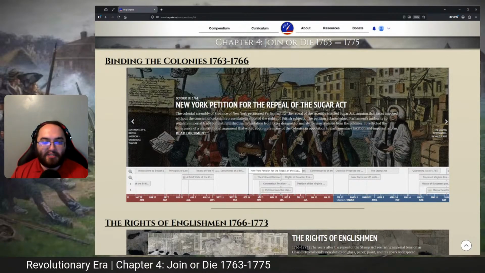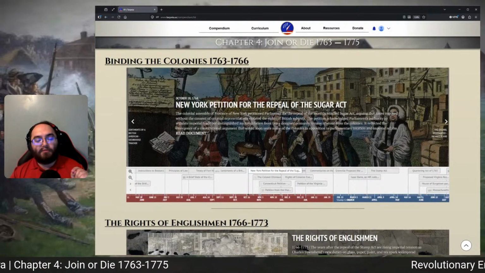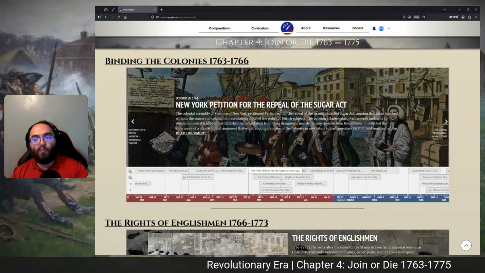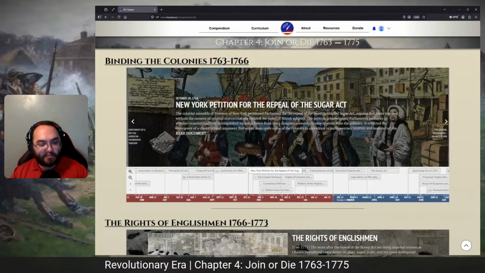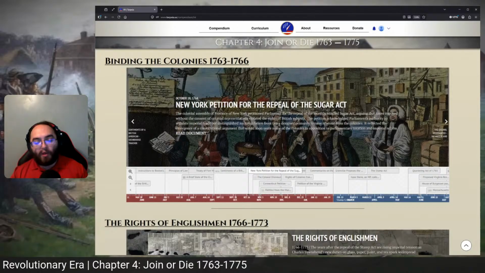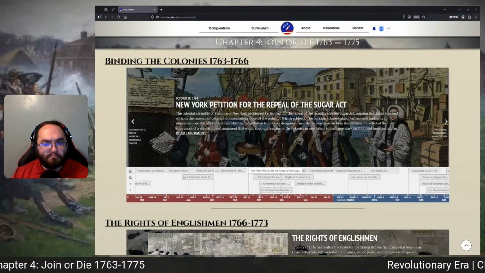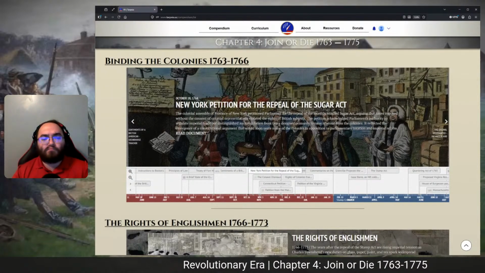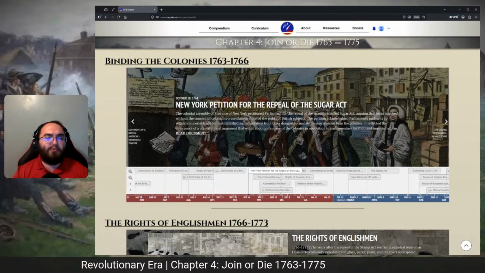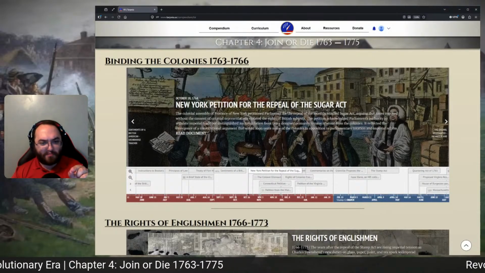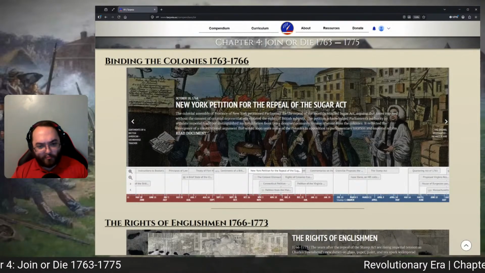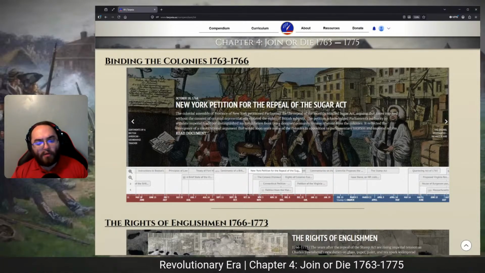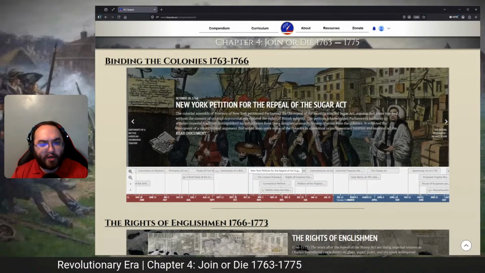What's interesting about this petition is they counter the argument that Parliament makes, where these taxes are just a way for the colonies to pay their fair share. Like, the colonies are not paying enough in taxes, and therefore they should pay their fair share for their own defense. In this petition, New York will argue that during the French and Indian War, it paid above and beyond its fair share.